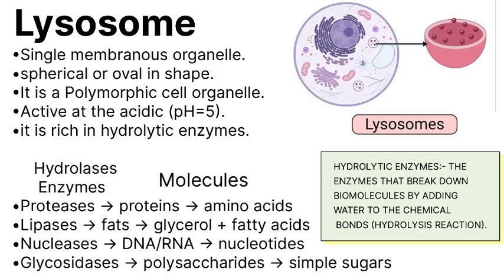Other than its shape, the lysosome is a very classic example of a polymorphic cell organelle, where poly means many and morphic means morphological structure, so the lysosomes don't look the same all the time because they can exist in different forms. They can change their shape and size during their life cycle.